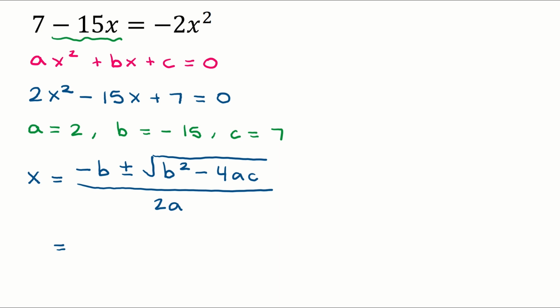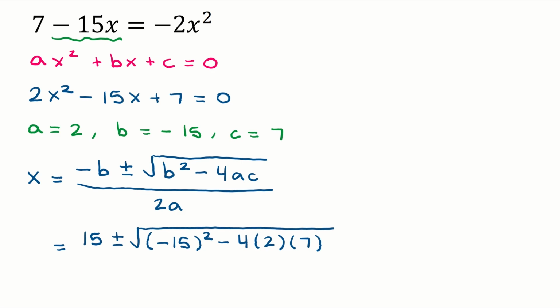So let's plug this in. B is negative 15. Negative b will be positive 15, plus or minus the square root of negative 15 squared minus 4 times 2 times 7, all divided by 2a, so 2 times 2.